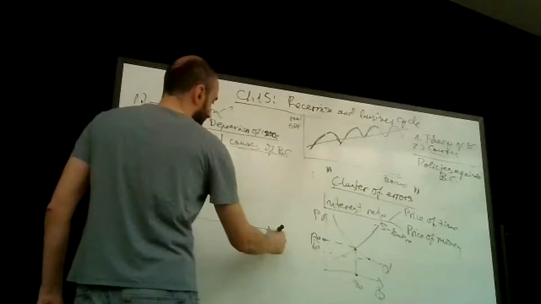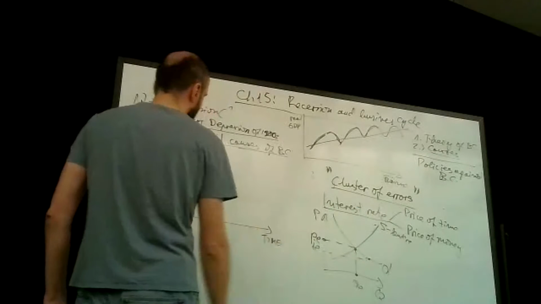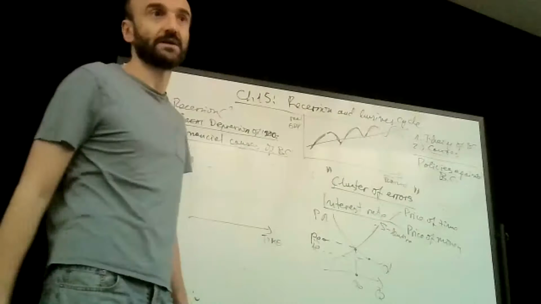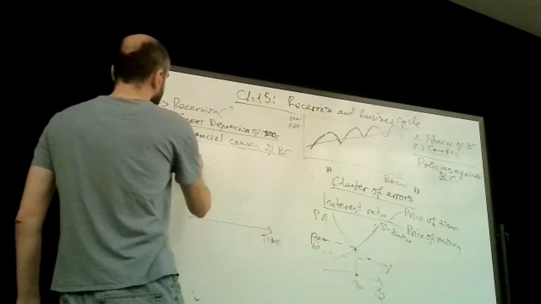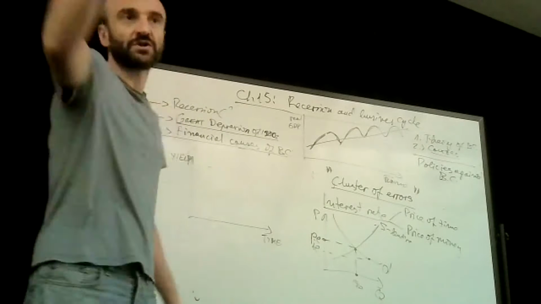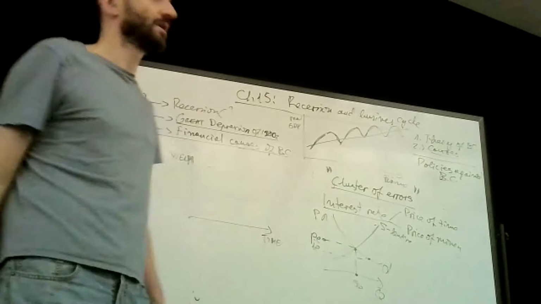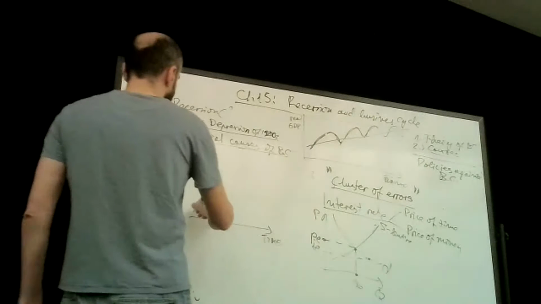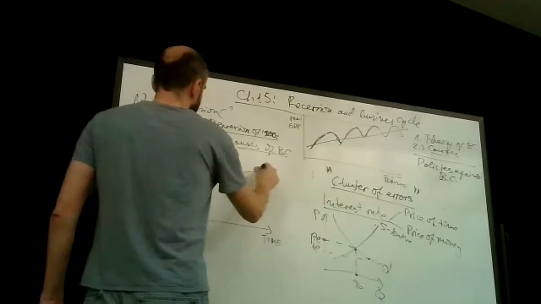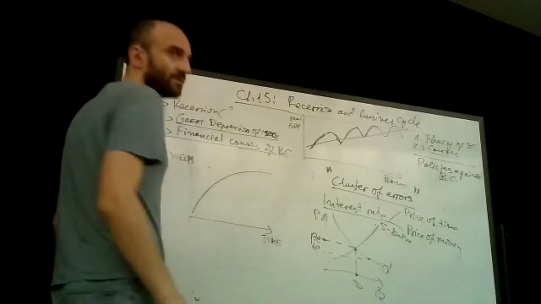Here is the time, or maturity, let's say, and here is yield, interest income, how high the interest rate. And this line looks approximately like this.